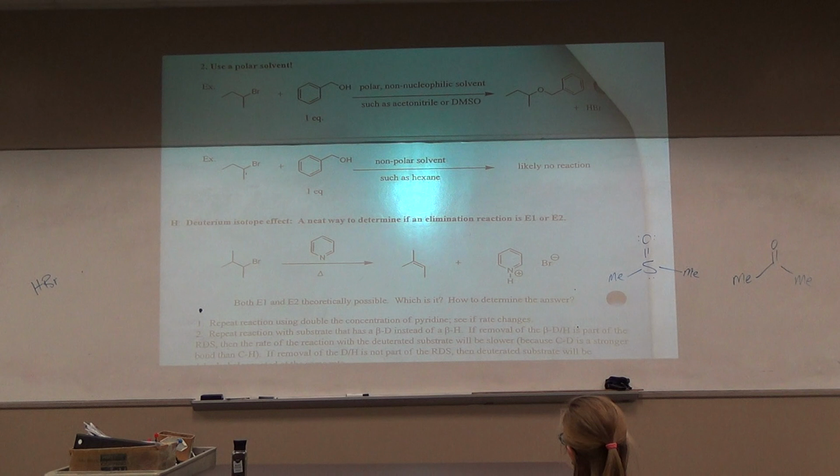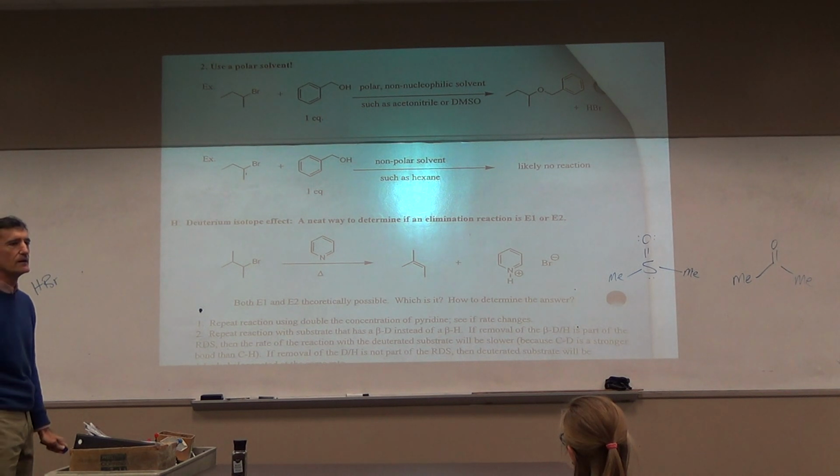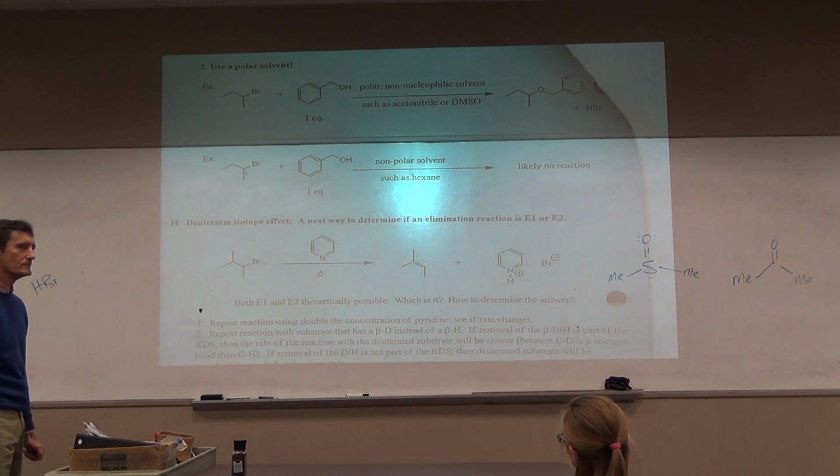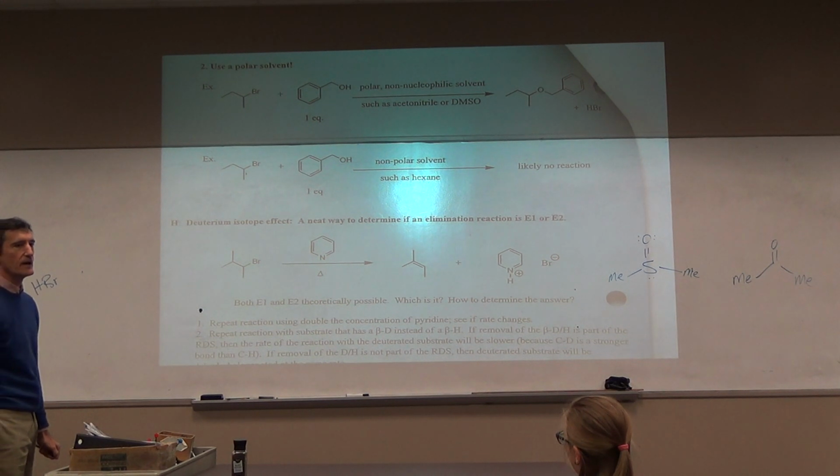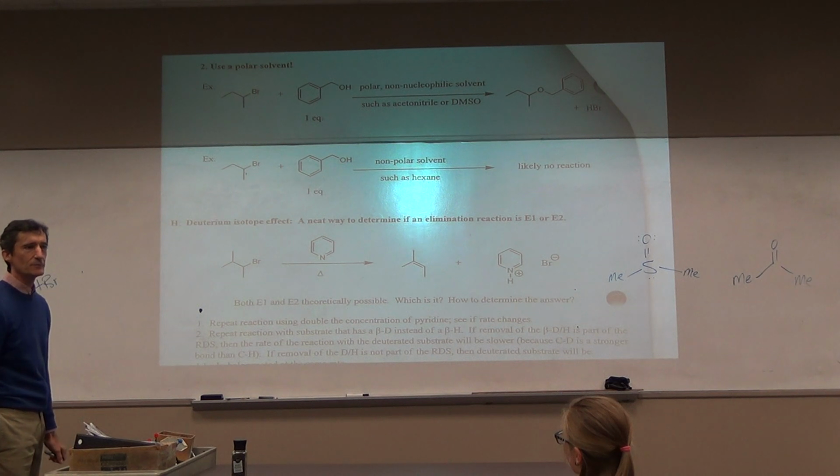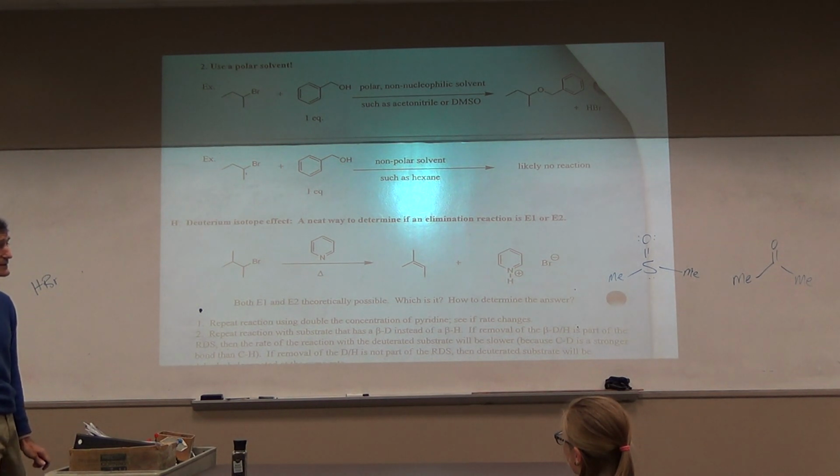Why E1? You said it's a weak base, and also that looks like the Zaitsev product to me. And doesn't E1 always make Zaitsev? Yeah, but E2 also makes Zaitsev. Well, you said it was weak, so that's E2, Zaitsev is always preferred. The only thing is with E2, sometimes you don't get the preferred. E2 can sometimes give the Hofmann.